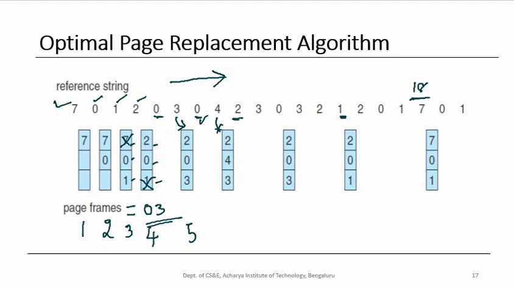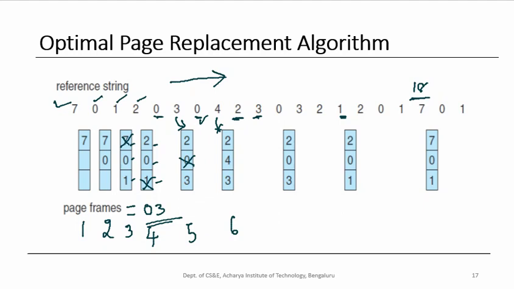There is a request for 2 immediately after 4, and before 0 there is a request for 3. So you can choose this 0 as the victim page and replace 0 by 4. This is a page fault. I'm writing this as 6. So far we have had 6 page faults.